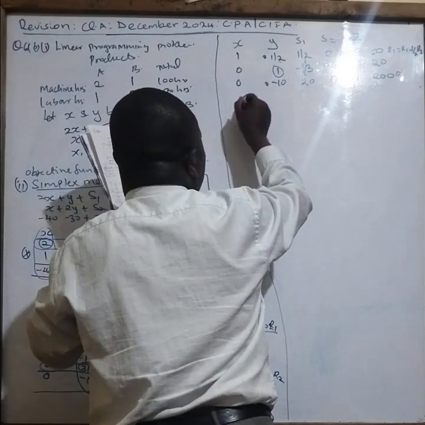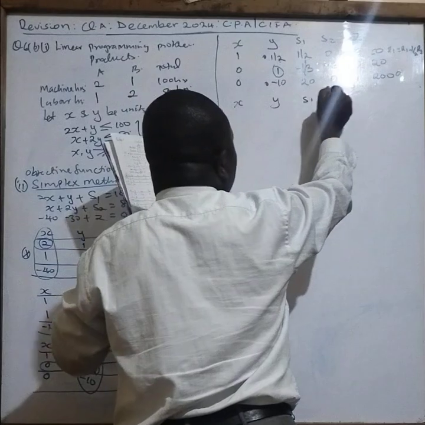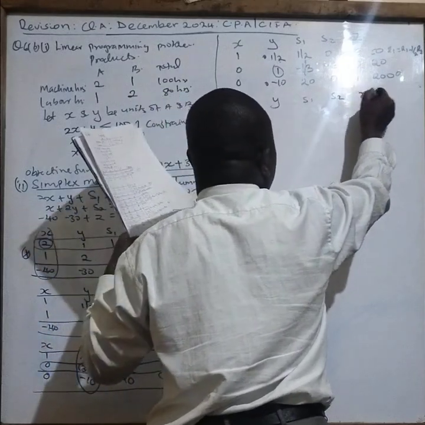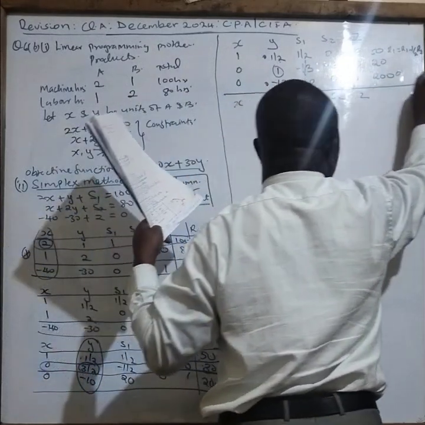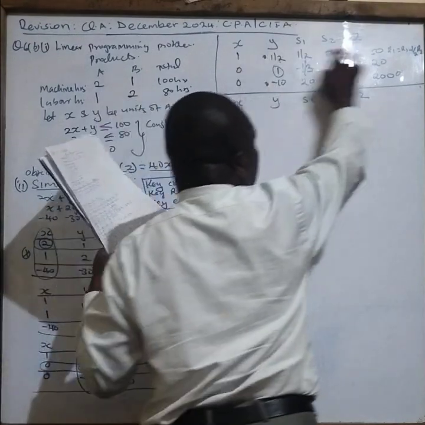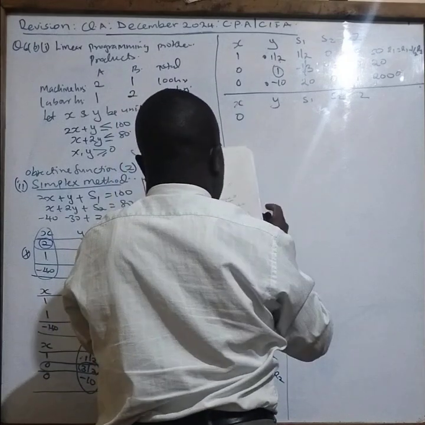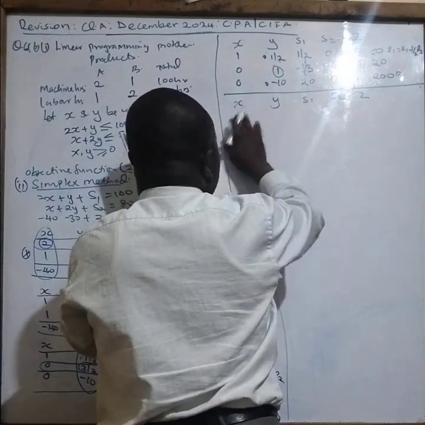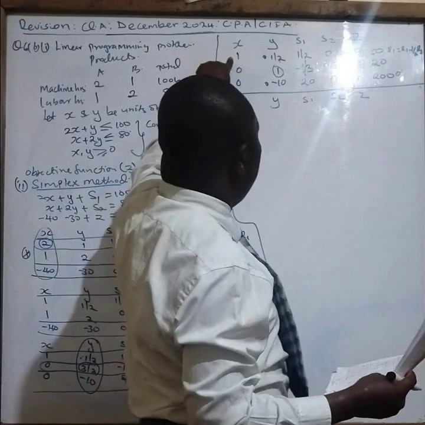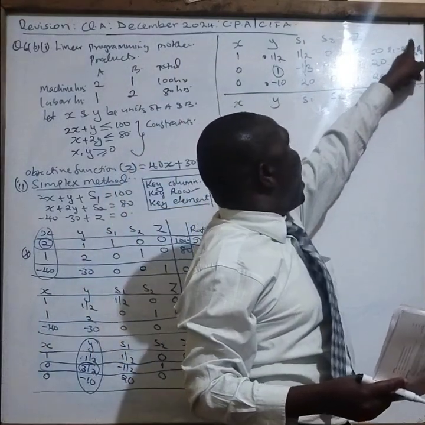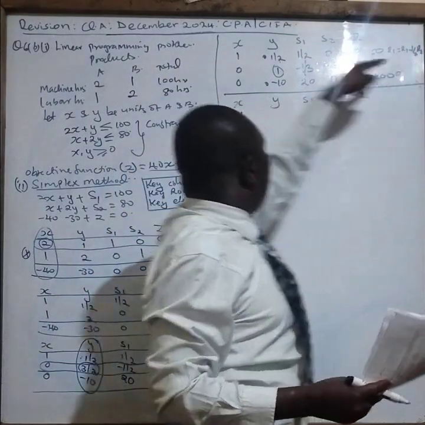x, y, s1, s2, z. So if you multiply as I've explained there, you'll get here 0, correct? You'll get here 1, because it will be 1 minus a half times r2, which is 0.